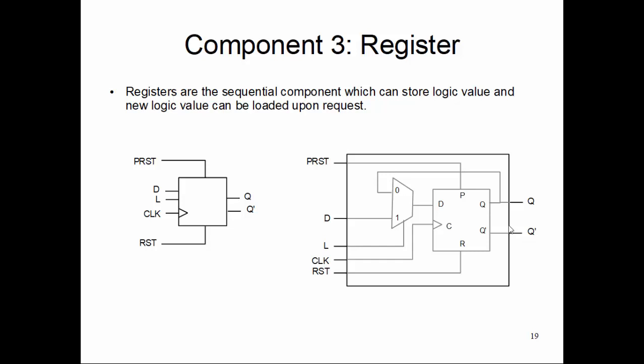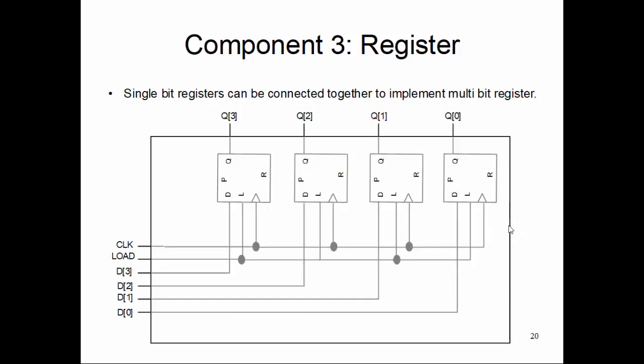So you can well imagine how we can make a multi-bit register. When we talk about a 32-bit register, it has 32 1-bit registers inside it. A 16-bit register has 16 1-bit registers inside it, and its connection is very simple. Let's do it for a 4-bit register, and you can well imagine how we can extend it to 6-bit or 8-bit or 16-bit or 24-bit, whatever number of bits.